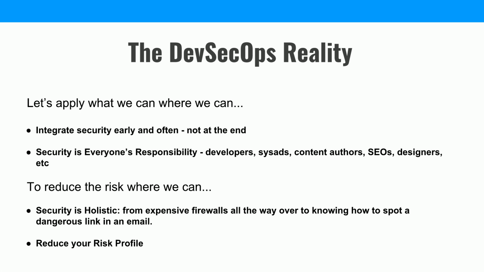So what we have to do is think about where we can apply what we can apply. So again, integrating security early and often rather than at the end, and making it everyone's responsibility, from developers, administrators, content authors, even SEOs and designers, everyone.